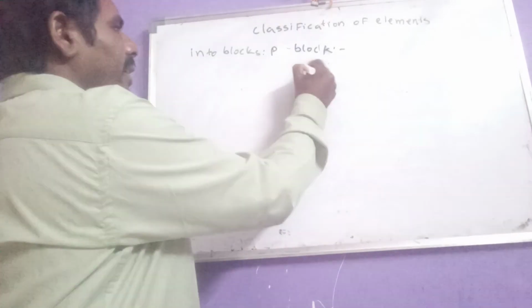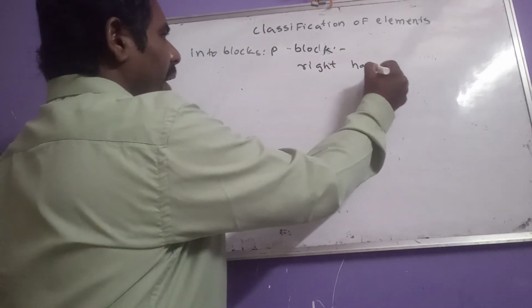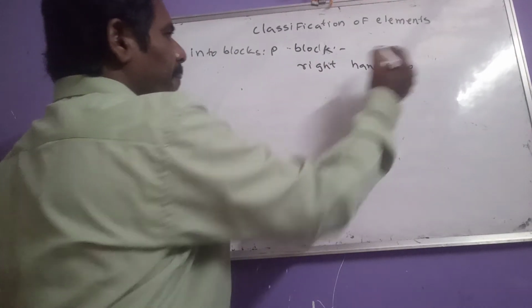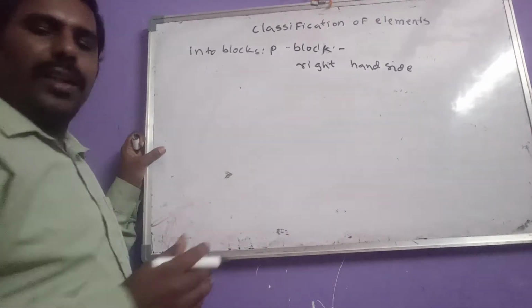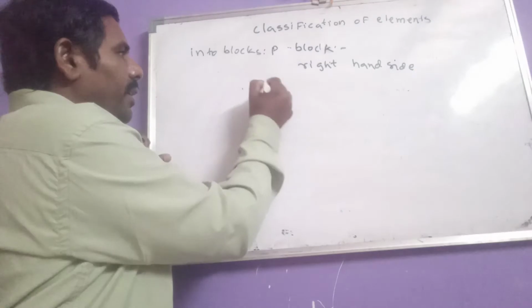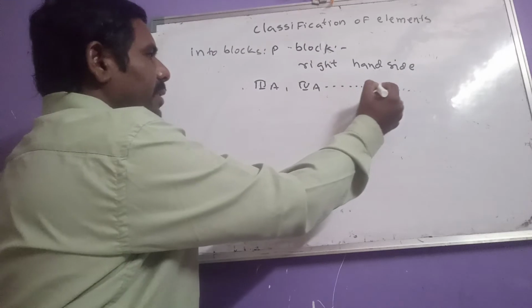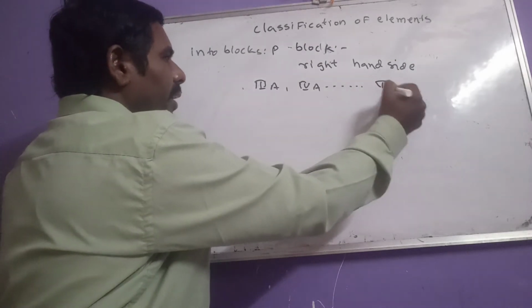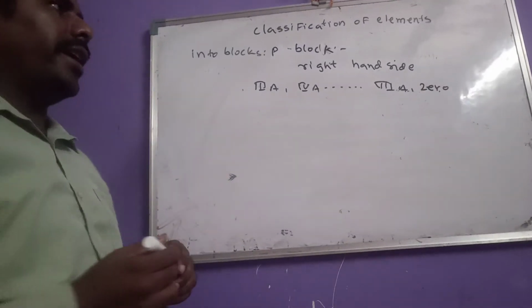These are present on the right hand side of the periodic table. And what are the groups present in p block? Let us see here. Third A group, fourth A, fifth A, sixth A, seventh A, and zero group, that is nothing but eighth A group.